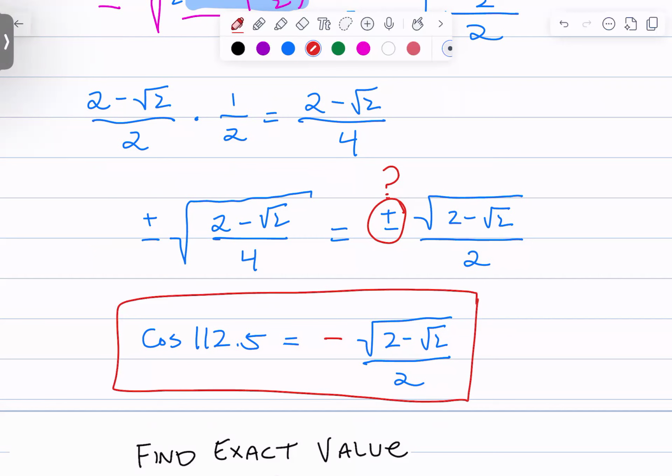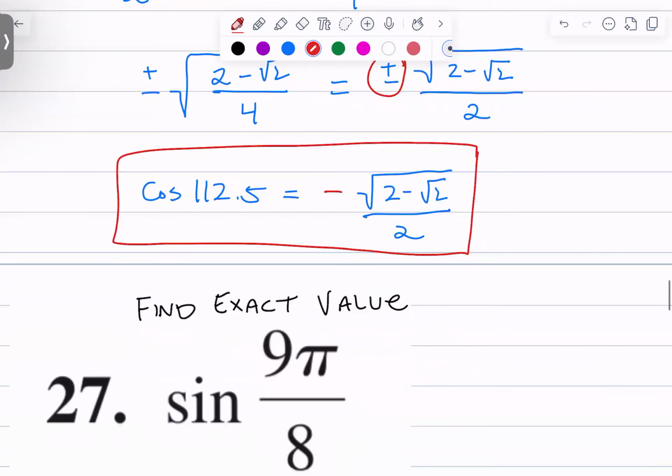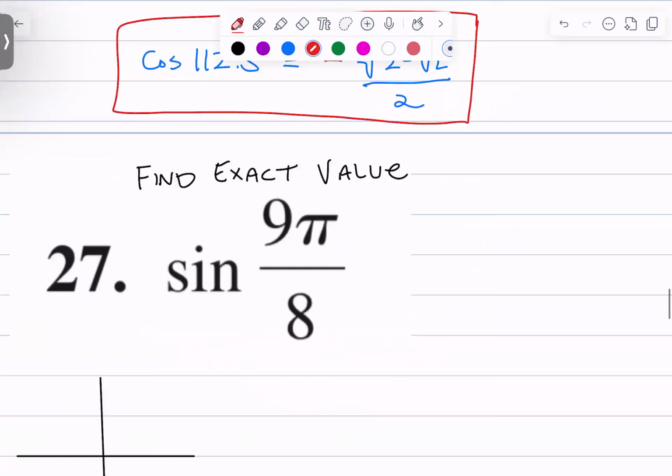All right. Find the exact value of this. If you have a difficult time with radians, go ahead and put it into degrees.